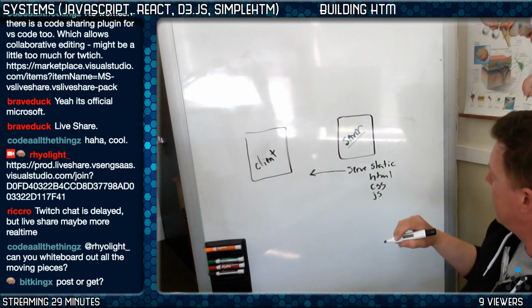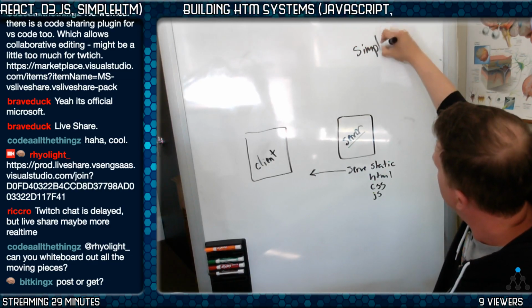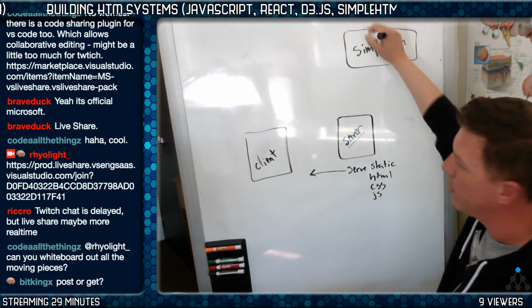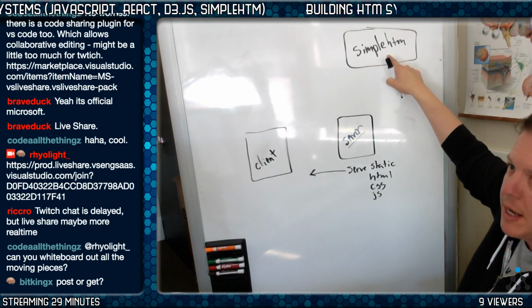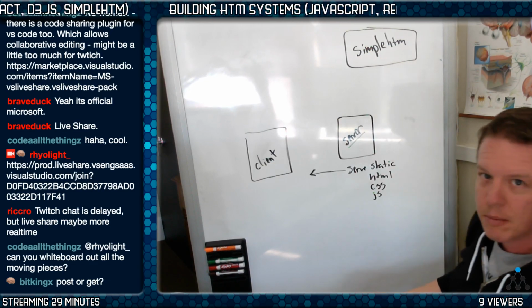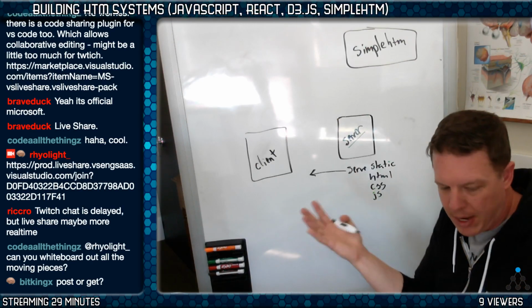Now I haven't decided. So then we've got simple HTM, which is a piece of code right now. As a concept, this is what's going to be running HTM code. I want to use this as a code library that consolidates all of what we would call HTM algorithms or helpers.